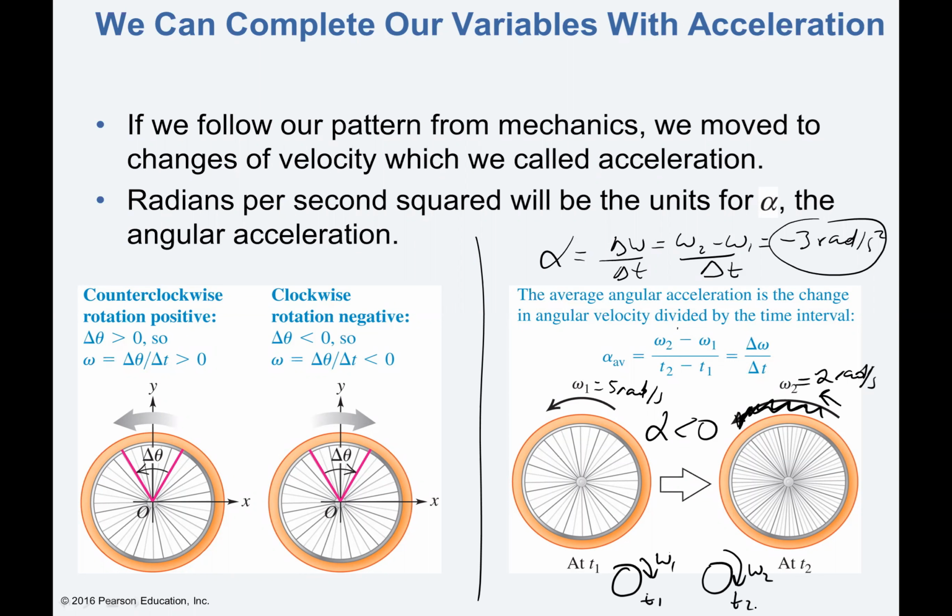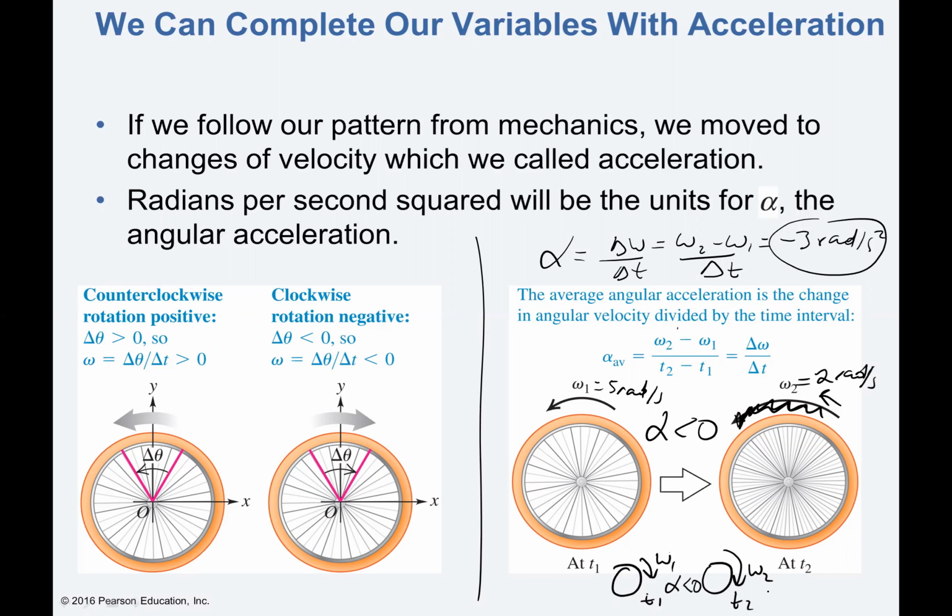That means you have negative omega 1, negative omega 2, but you're speeding up in that direction, so your alpha is also negative, because you're still increasing your speed in that negative direction. That means you have an acceleration vector, or alpha, which is also negative.